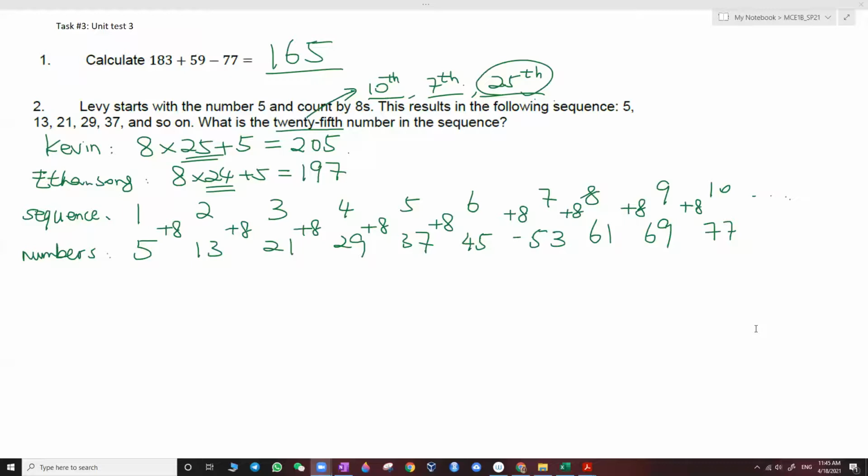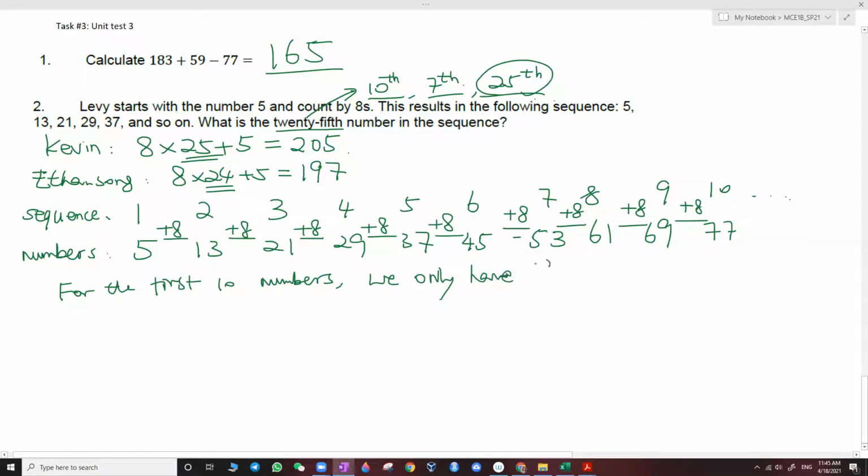So for the first 10 numbers, how many 8s do we have? 1, 2, 3, 4, 5, 6, 7, 8, 9. We only have 9 of the 8s, right?